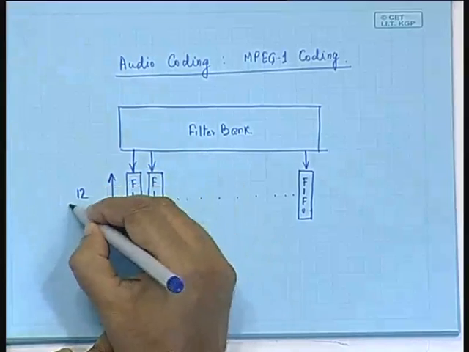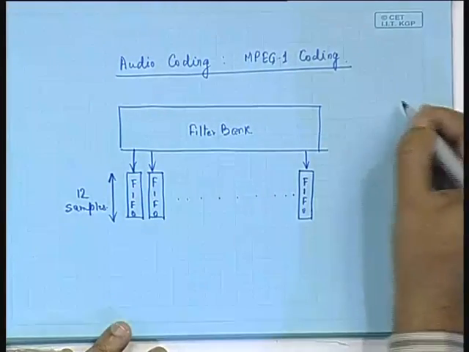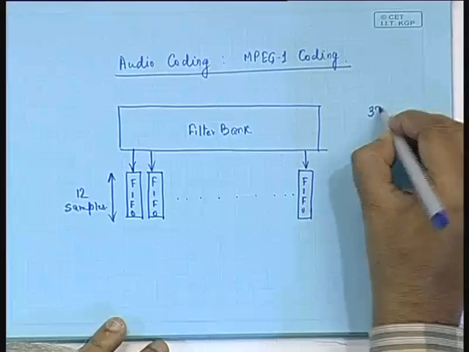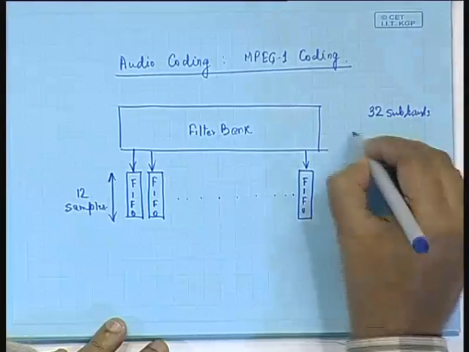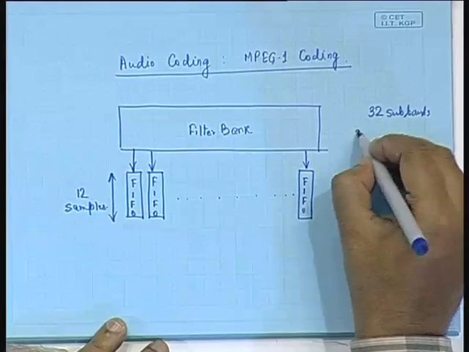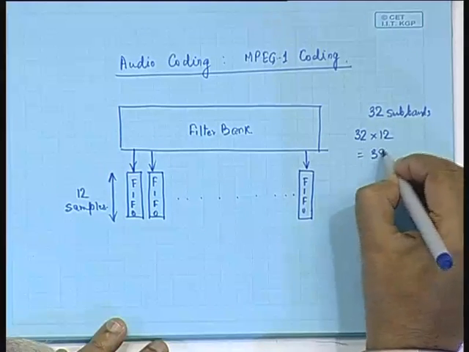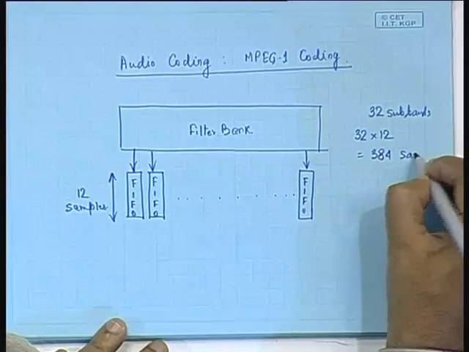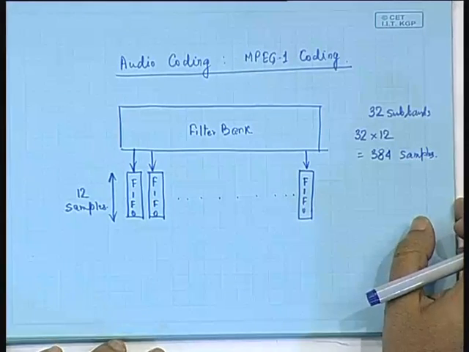So, each can store up to 12 samples, because there are 32 such subbands and we have 12 samples per subband. So, we have a total of 32 into 12, that is 384 samples, and they form one audio frame in MPEG-1.